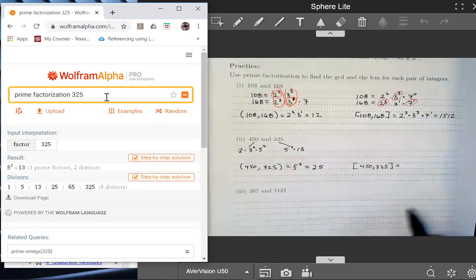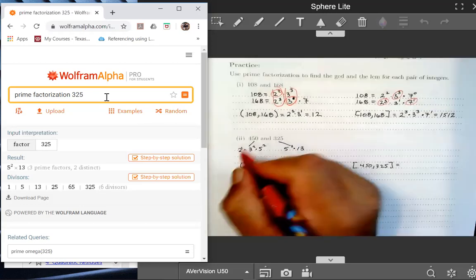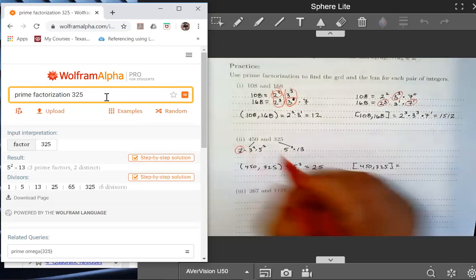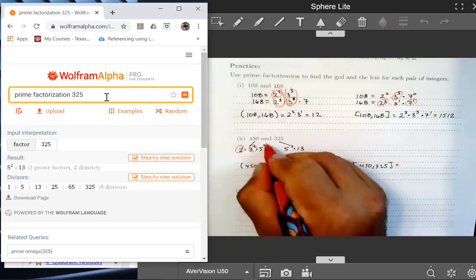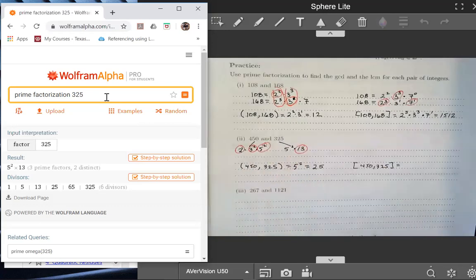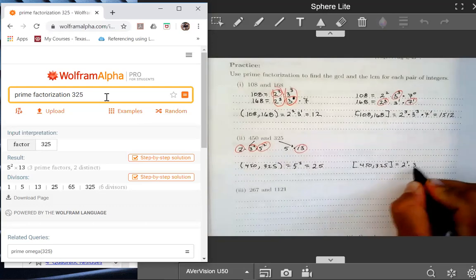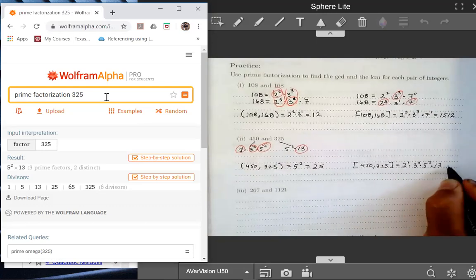All right, and then my least common multiple of 450 and 325 is going to be given by, if we set this up, right, we want the highest power for each. So that's 2 to the first, 3 squared, 5 squared, and 13.